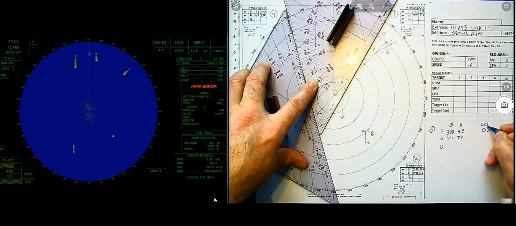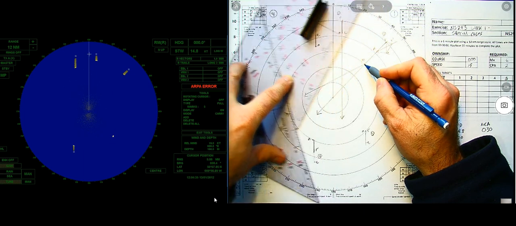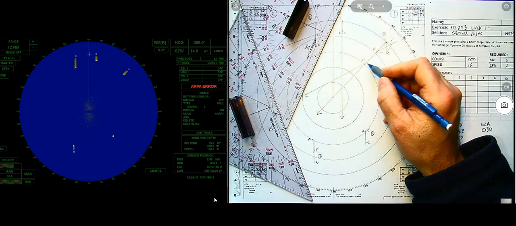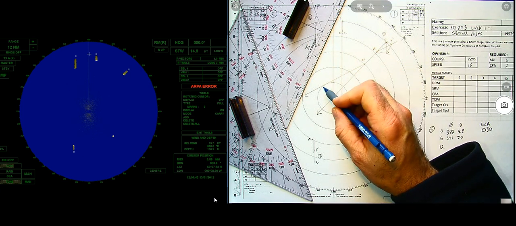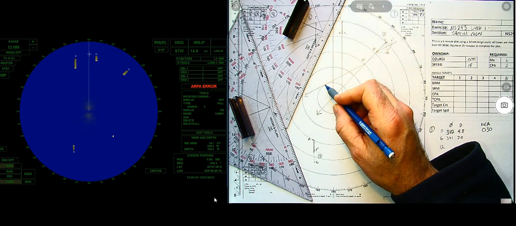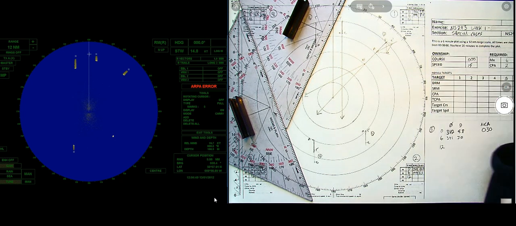That's the new course to avoid. If I steer 030, when that vessel comes to this 6 miles, then that relative motion line should change from this to this, putting him at a CPA of about 2 miles. And that'd be great.